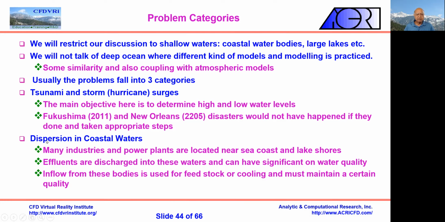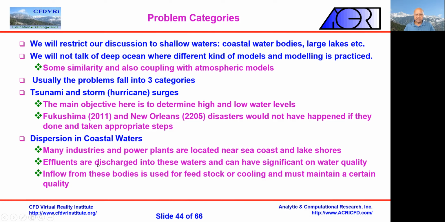The second problem is that of dispersion. Dispersion is because many industries and power plants are located near seacoasts and lake shores. In some places, for example in Saudi Arabia, much of the potable water, drinking water, also comes from the ocean. They don't have too much in their deserts. Now, we discharge effluents in the water all the time, and they can have a significant effect.